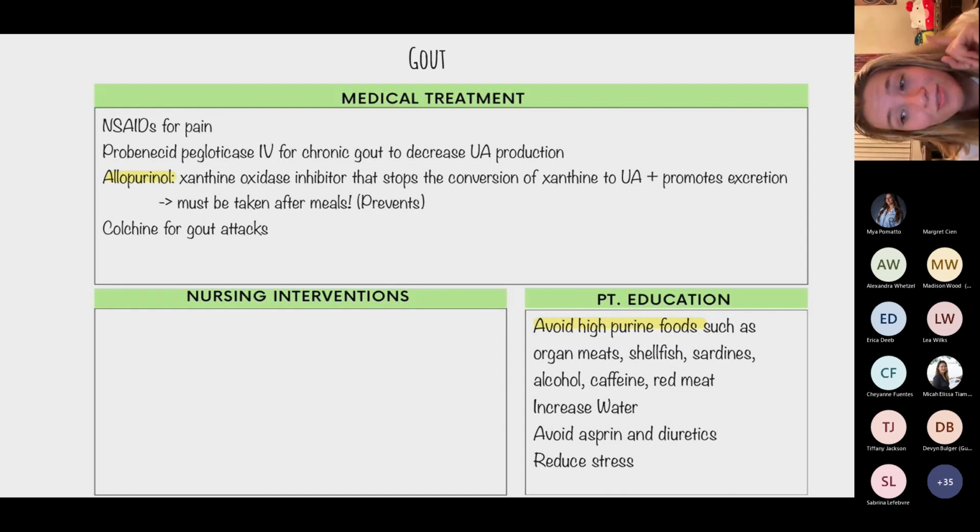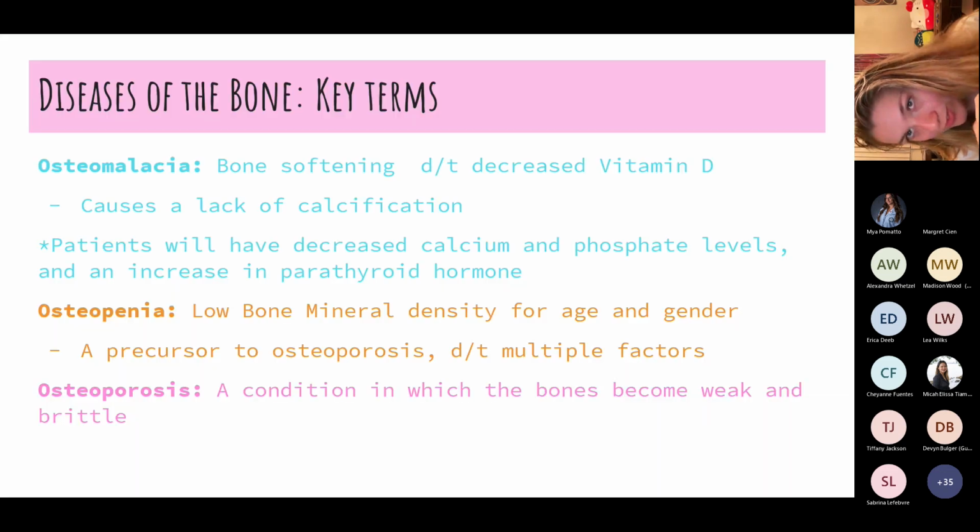Also, remember, lots of our diuretics can increase purine levels, and aspirin is really bad because it's got purines in it. Okay.